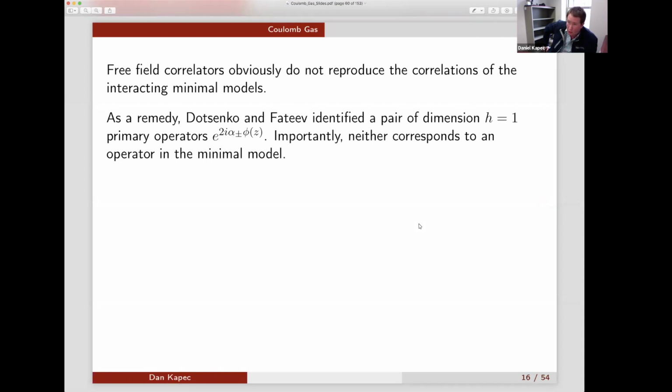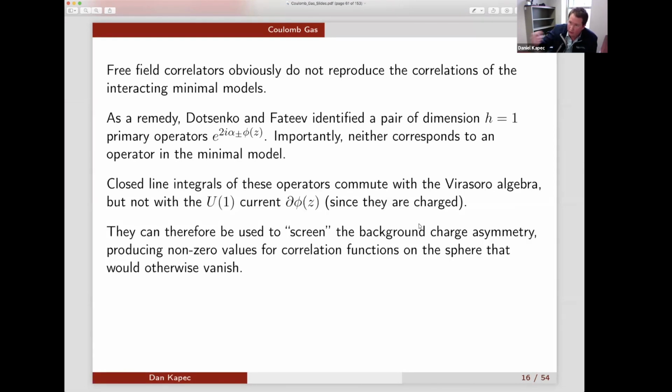They have dimension 1, which means that commutators of the Virasoro generators with these operators are total derivatives, so that closed contour integrals of these operators actually commute with the Virasoro algebra. So although these operators are not there in the minimal model, the idea is to try to use them to change the correlation functions of the linear dilaton into those of the minimal model.